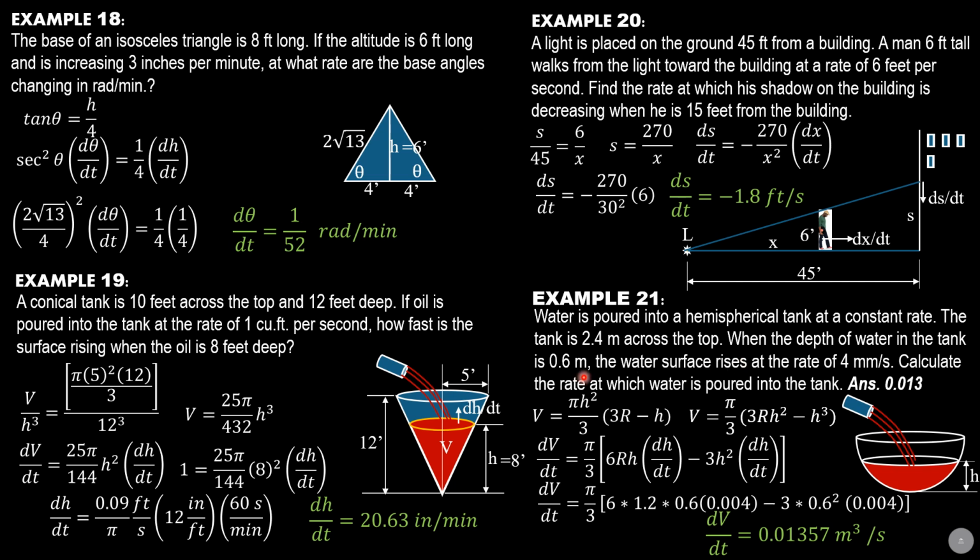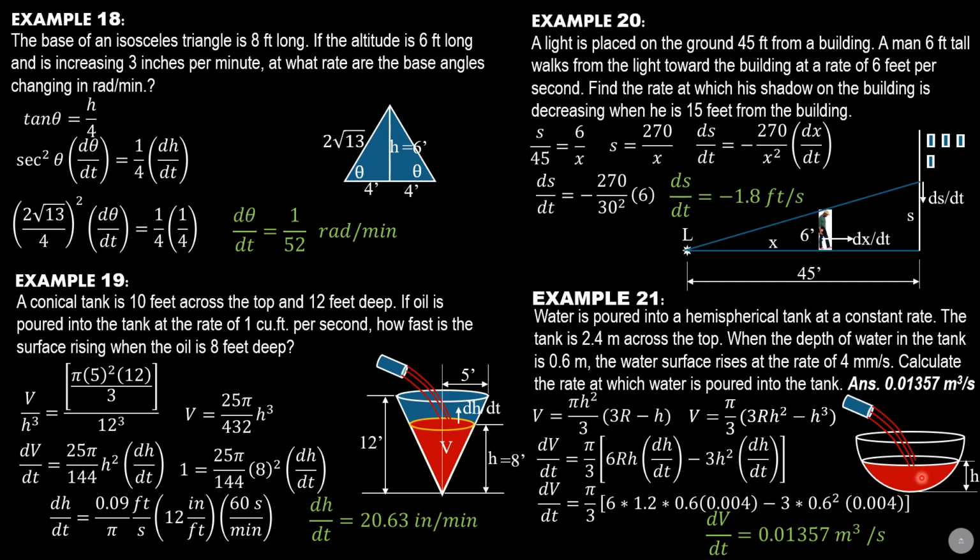When the depth of water in the tank is 0.6 meter, when h is 0.6, the water surface rises at the rate of 4 mm per second. So dh/dt is positive because it rises 4 mm per second, or 4 divided by 1000 meter per second. Calculate the rate at which water is poured into the tank. So find the discharge or dV/dt.